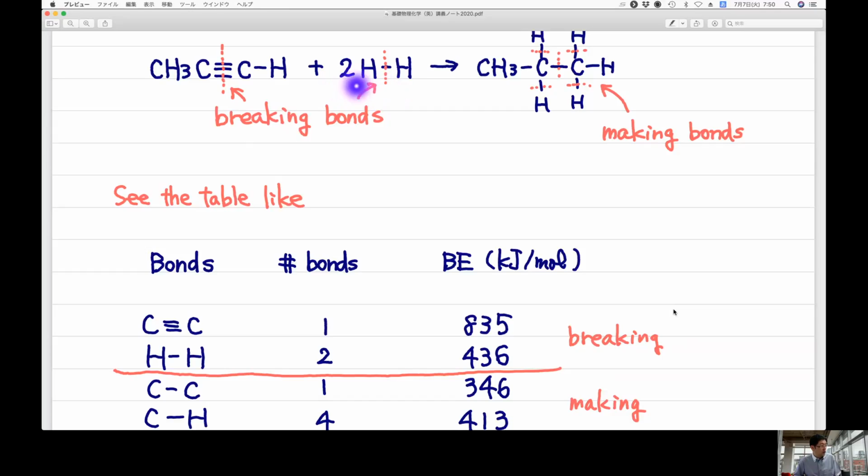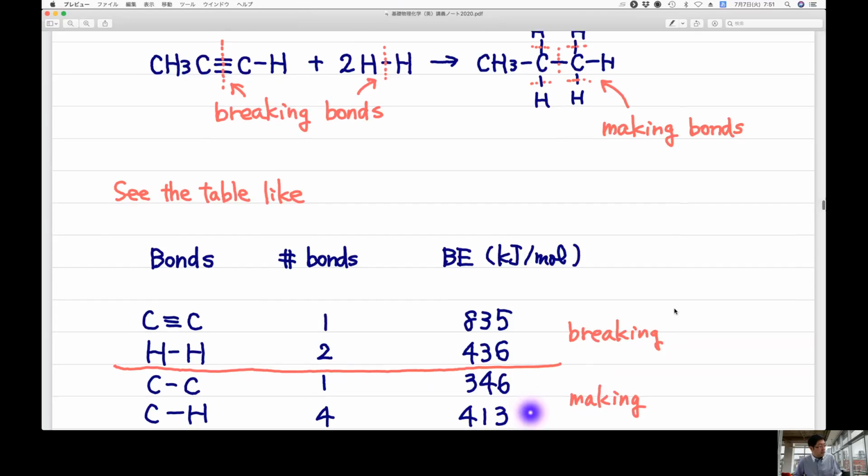I mean, two molecules, so two HH single bonds, okay. So one triple bond should be broken, and two HH single bonds should be broken, and one CC single bond should be formed, and 4 CH single bonds should be formed.